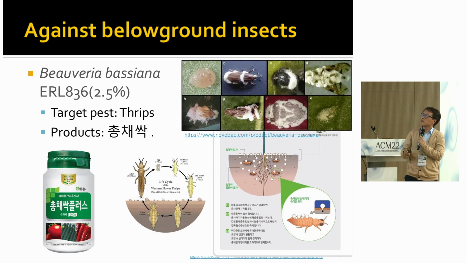There is another product I can introduce, which we call Choong-Che sak. I don't know the English. This is one of the interesting targets because this is Beauveria. It is very common as an insecticidal fungus, but this one only targets insects in the soil.